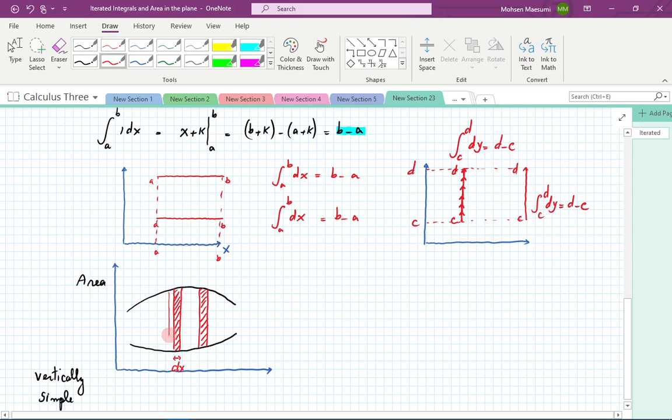The height of these rectangles is whatever the height is at this location minus the height at this location. So if this was y equal to f2 of x, the top function, and the bottom was y equal to f1 of x, when I write f2 of x minus f1 of x, that would be the height that I am after here. This is the height of the rectangle.